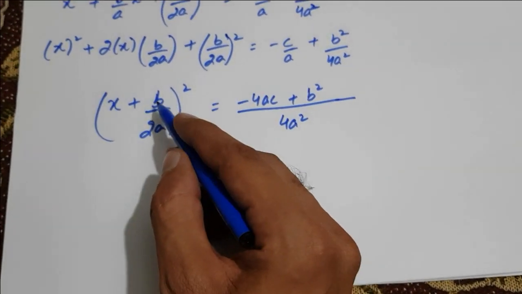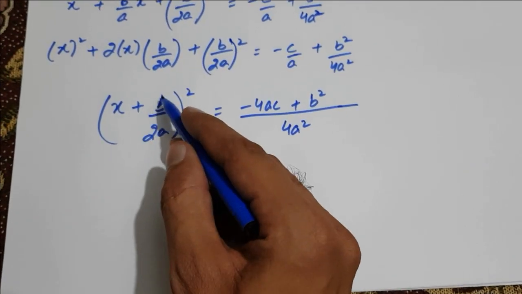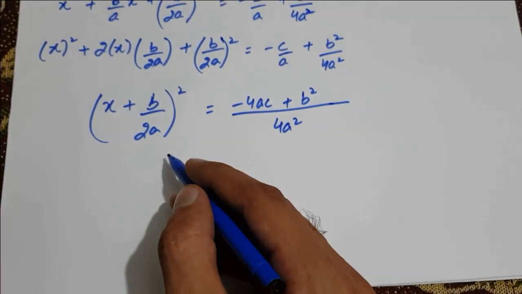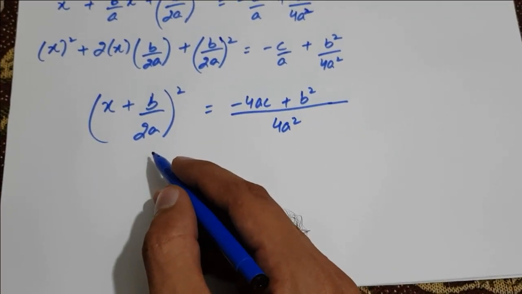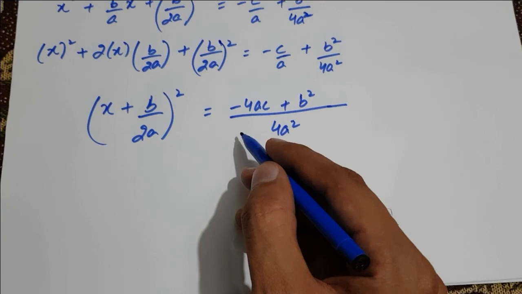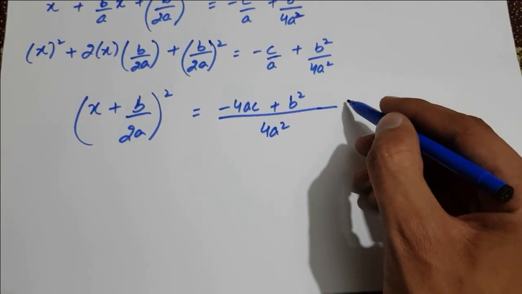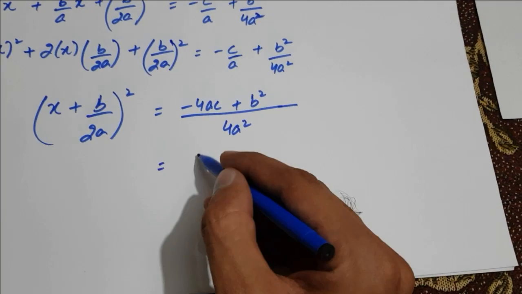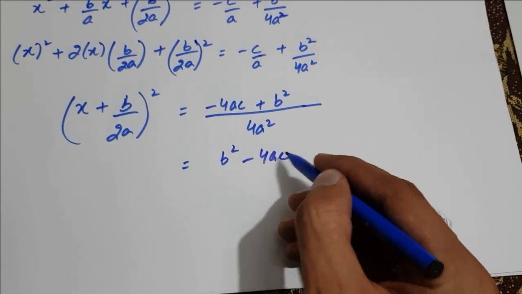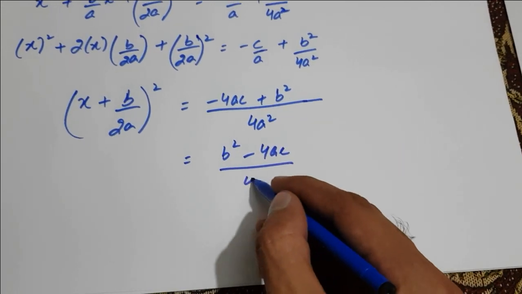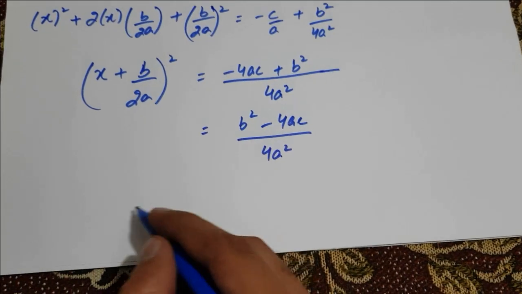Since we have to find the value of x, which is in the form of a square, we apply the square root on both sides. Before solving that, we arrange our right hand side, which says b squared minus 4ac over 4a squared.